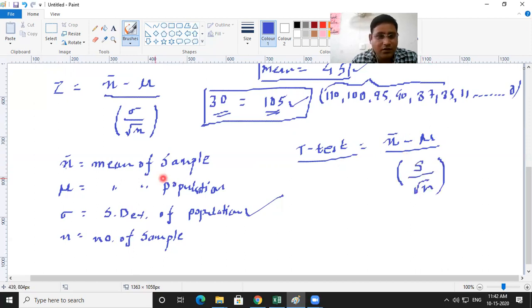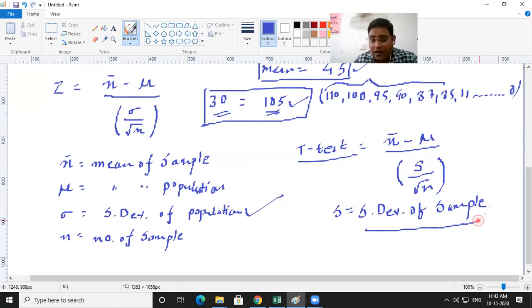See, all other things are same, only here we have changed sigma with s. Now what is this s? S is the standard deviation of sample. Even if we don't know the standard deviation of population, we can easily find out the standard deviation of sample. So in that case, we will apply t-test.